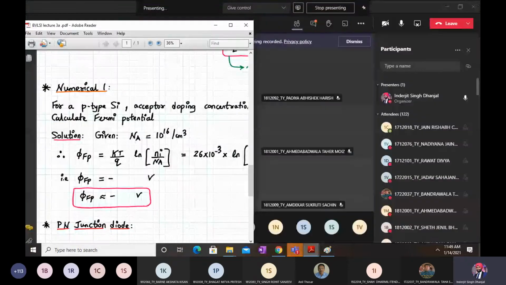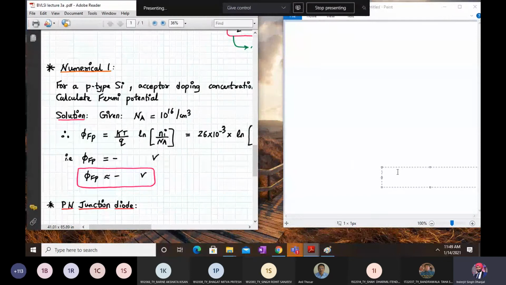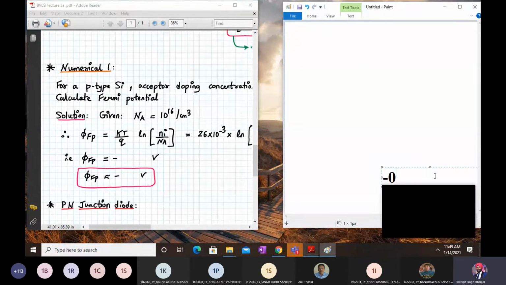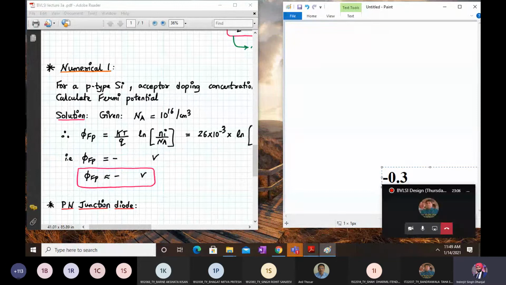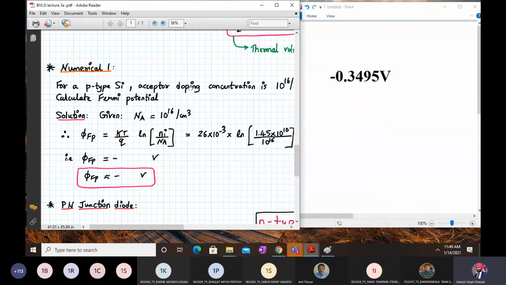I guess you all are getting the value which is minus 0.3495 volts. Very good, so all are on the right track.